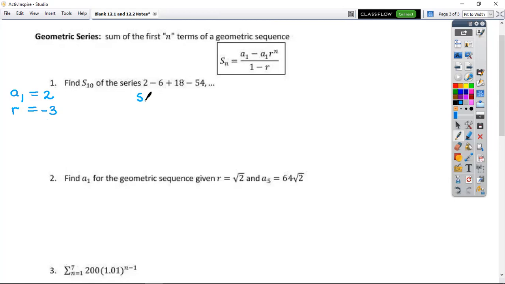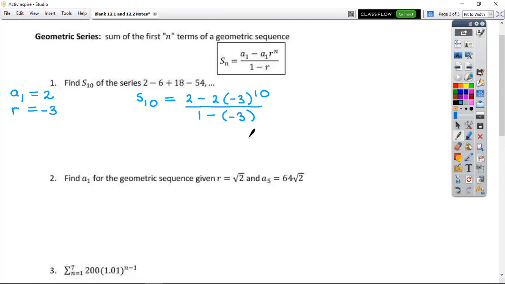So the sum of the first 10 terms is equal to a sub 1 is 2 times 1 minus R, R value is -3, and this is raised to the 10th. And then divided by 1 minus -3, or obviously just type in plus. Okay, so that goes right in the calculator again.